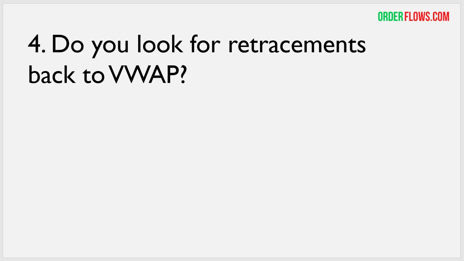If you're using entire-day VWAP, it's going to flatten, and moves late in the day will move away from VWAP a lot quicker. You're not necessarily going to get retracements back to VWAP late in the session, after 1 o'clock Chicago time, over the last 2 hours. And at the cash close, you're going to get a huge amount of volume coming in. Personally, I don't think it's a good way to trade.